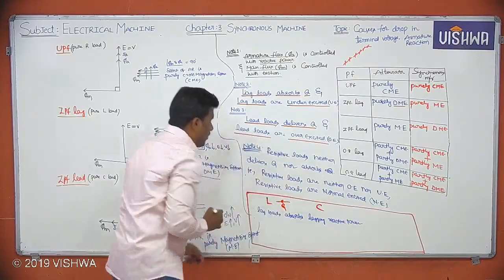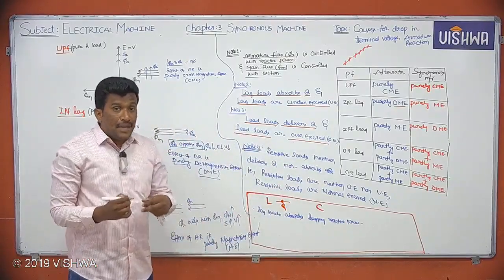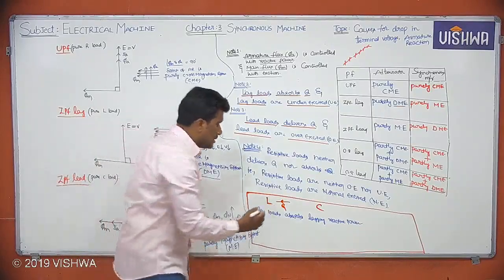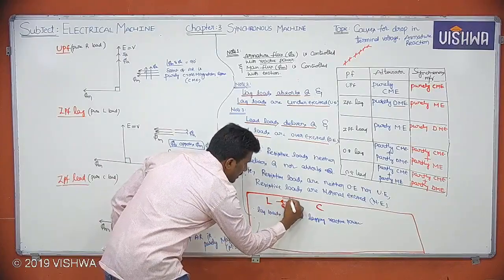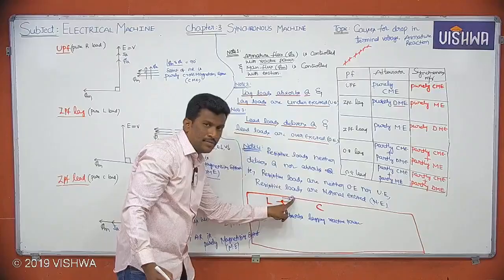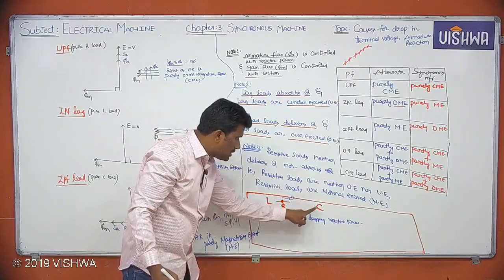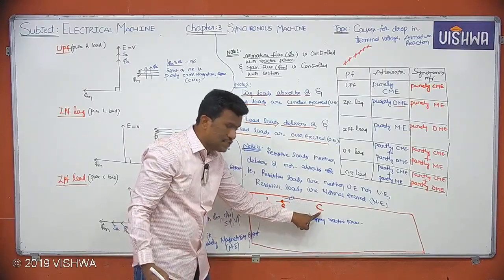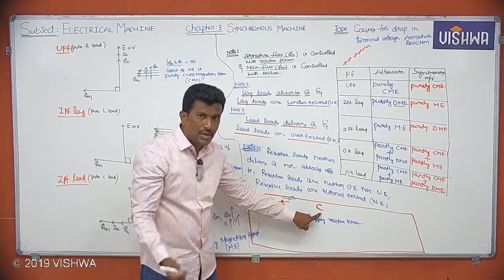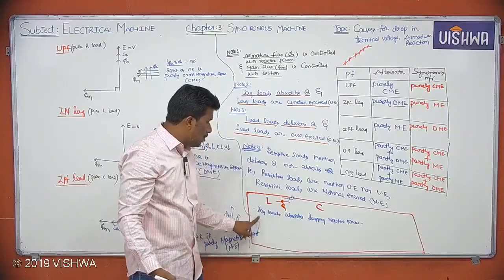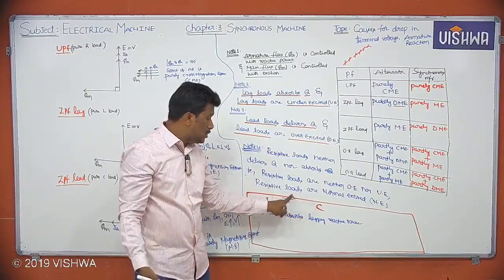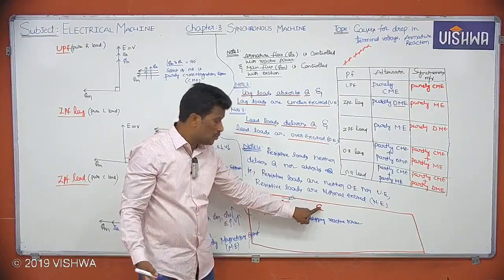Why I am giving this point is that sometimes they will ask you like this: lag loads deliver. Sometimes the arrow mark will be like this, that means the lag load delivers reactive power. It is going towards C, towards leading nature, towards the lead load.